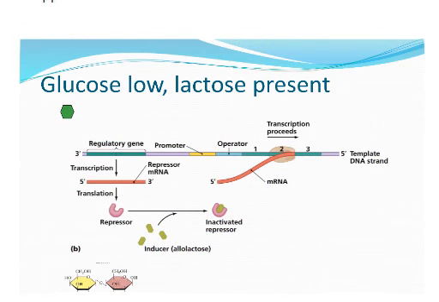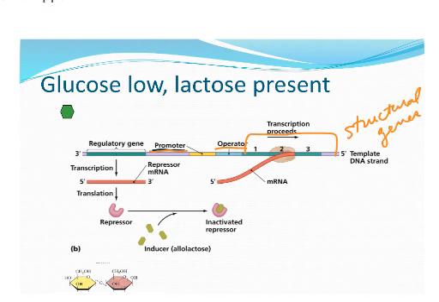This particular picture definitely varies from the previous one because, again, we have our promoter, we have our operator, and here, this 1, 2, and 3, these are our structural genes.